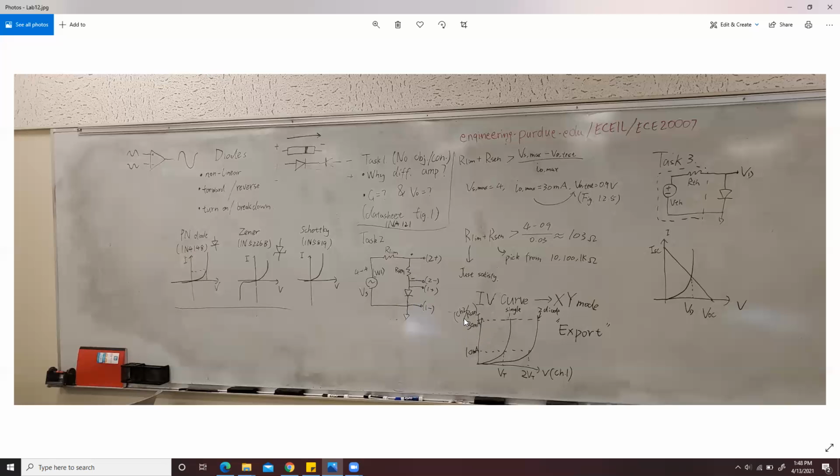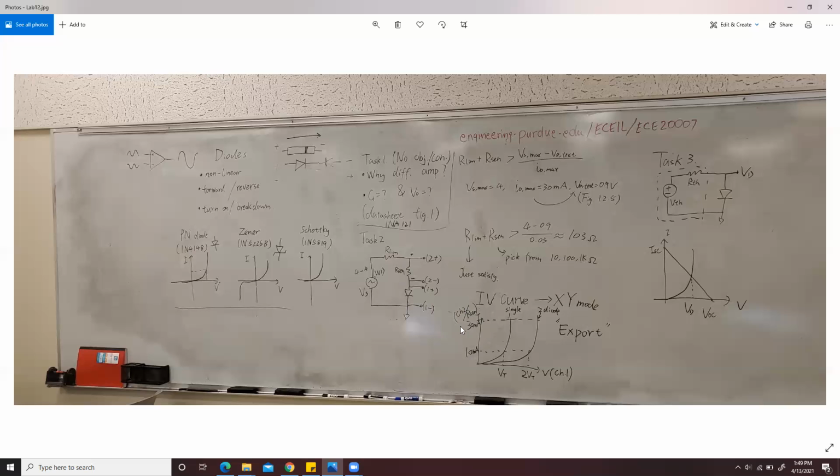So if you remember, you're using channel 2 to measure the voltage. Since you want the current, you will need a math function. It's simply channel 2 divided by the resistance of R sense. That will be the current.